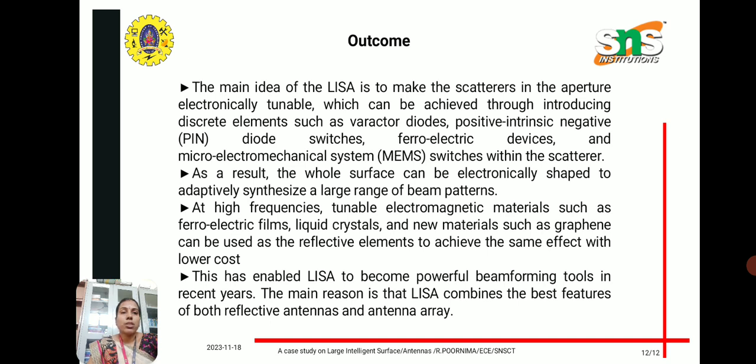At high frequencies, tunable electromagnetic materials like ferroelectric films, liquid crystals, and also graphene can be used as the reflective element at lower cost. This has enabled LISA to become a powerful beamforming tool in recent years. It also combines the best features of both reflective antennas and antenna arrays.